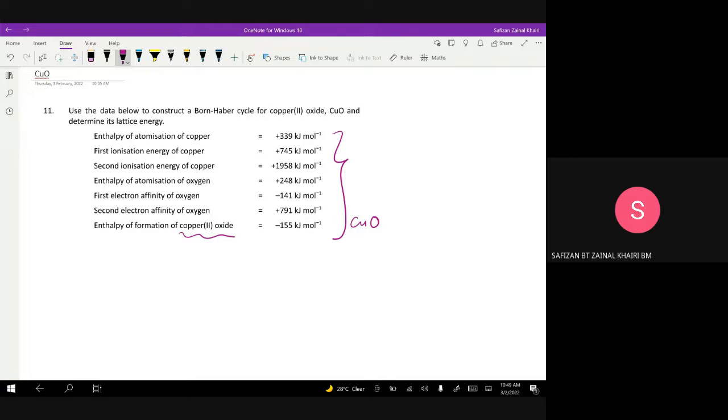form. Okay, basically bila ionic compound form, we have one ionic compound. Actually it form from its element. Okay, start with element. So to form ionic compound, the element has two types of element.